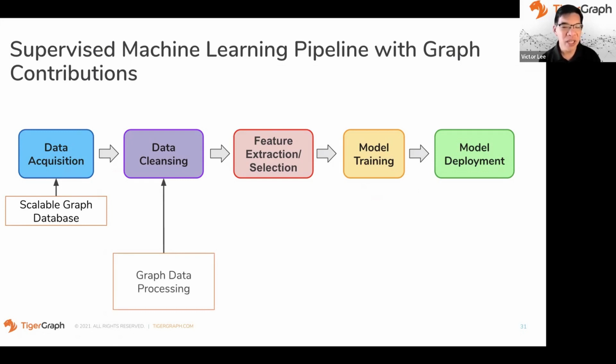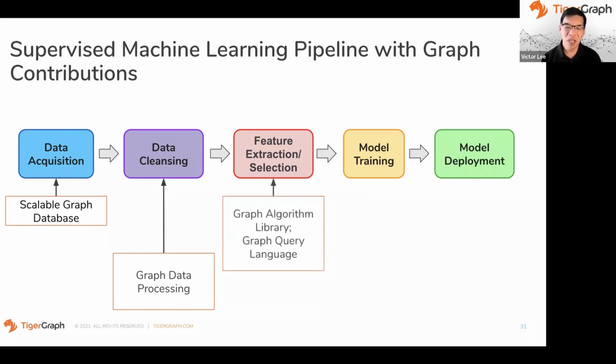To do the data cleansing, you're going to have to be able to do some queries and updates. So you want to be able to update your data in the graph. And you're going to need a graph algorithm library as well as a graph query language. All databases come with a graph query language, but you want one which is flexible enough to express some of those patterns, such as the one in that unwanted phone call application we looked at.